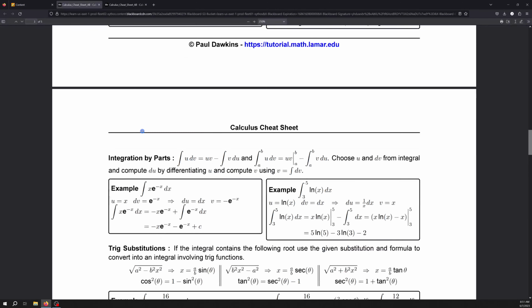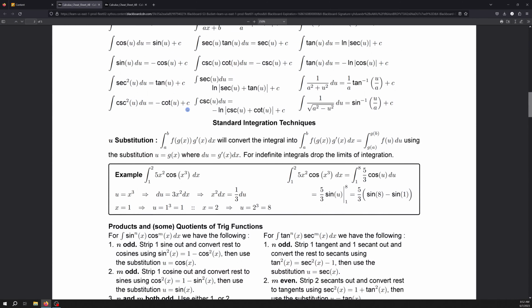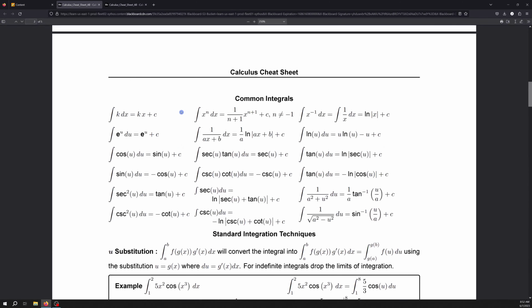Also, in Calc 1, some people go over integration by parts, some people don't. So I'm going to approach this as if you've never seen this stuff before. In the tutorial videos as we progress throughout the semester, if you start seeing me going over e to the u and you already know how to integrate that, by all means fast forward a little bit, save yourself some time, or watch it to review.